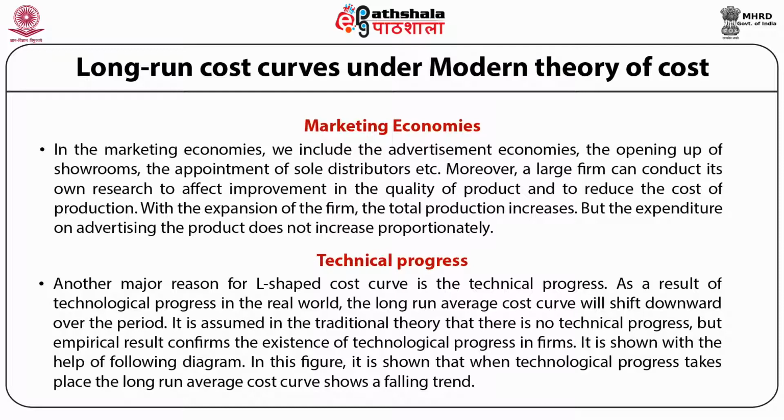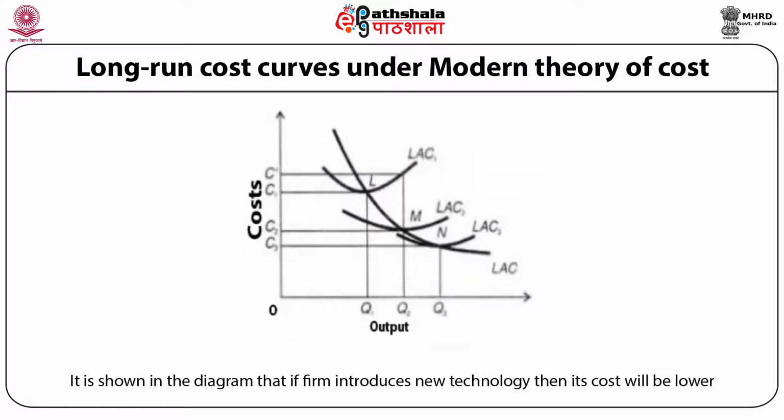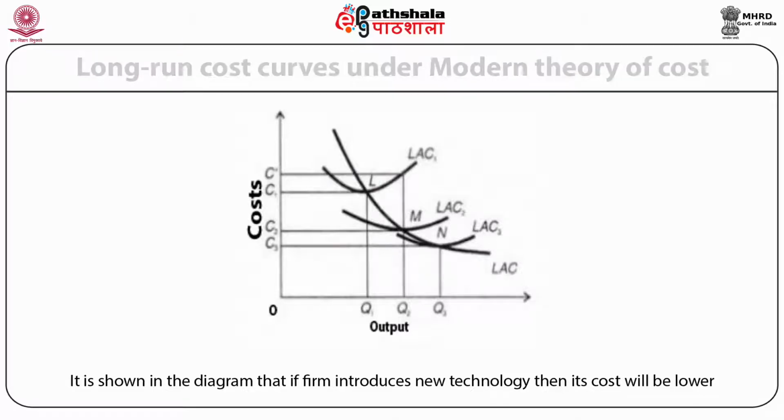It is shown with the help of the following diagram. In this figure, it is shown that when technological progress takes place, the long-run average cost curve shows a falling trend. It is also shown in the diagram that if a firm introduces new technology, then its cost will be lower.